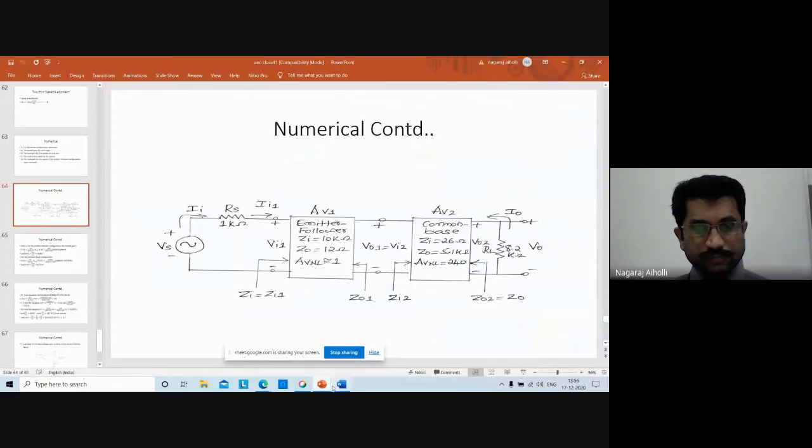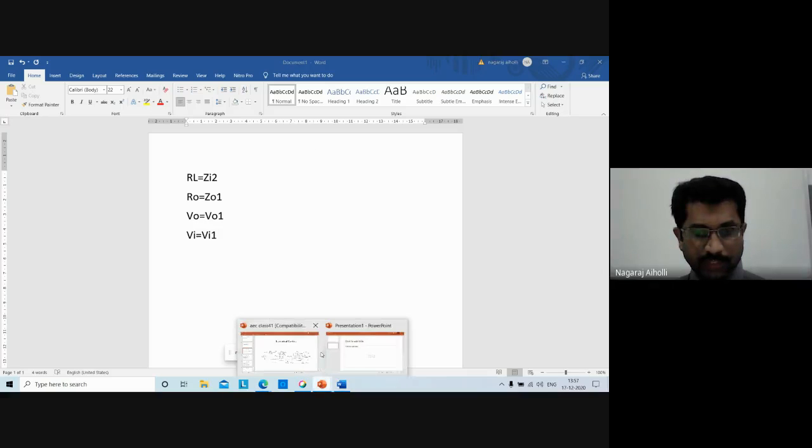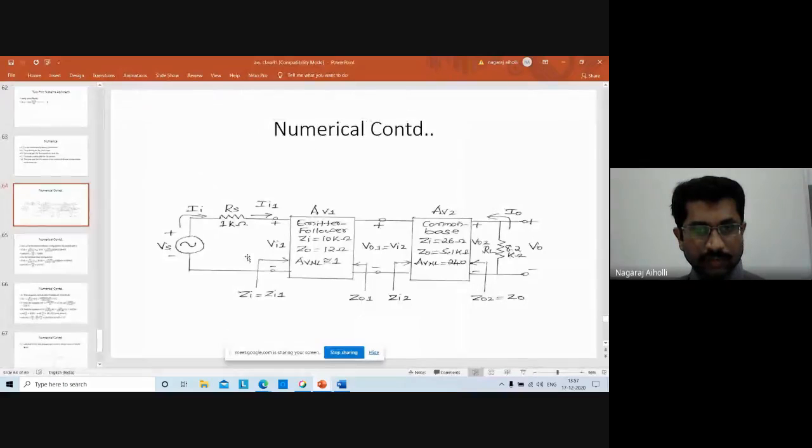See here. Now, whatever we have noted down here, just substitute in the formula that you have noted down, that is AVL is equal to RL by RL plus R naught into AVNL. What we get there? V naught 1 is equal to, if we substitute there, then we get this one. Just note down this.